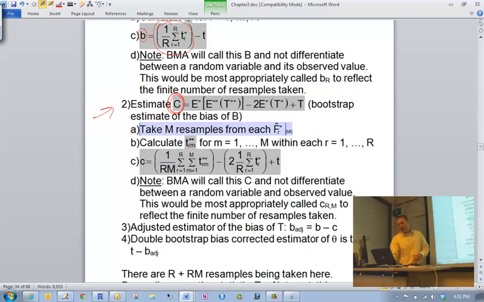So M resamples taken from each of the F hat stars, sub R. Then, for each of these resamples, we're going to calculate T star, and at least up here, and I think even in the notes sometimes it's hard to read this. This is a T star star with a subscript R and an M. Maybe I should put just a comma between them to separate.